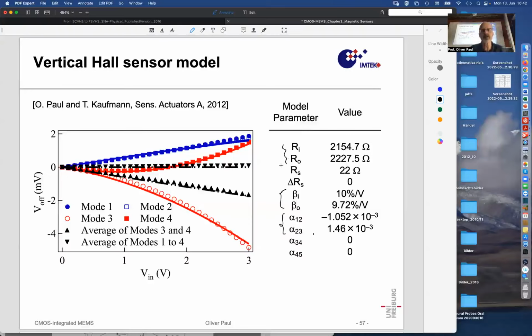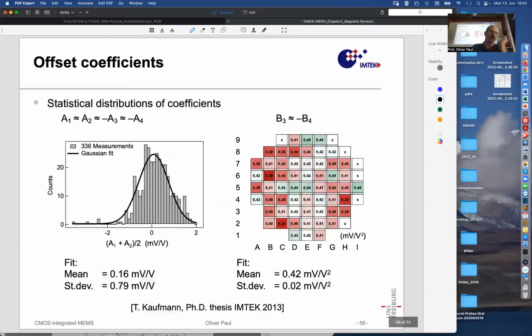This has a minor effect here. And so in one of the papers, or actually here also in his thesis, Timo observed that A1 and A2, the linear response for modes 1 and 2, and the linear response for modes 3 and 4 are indeed opposite.